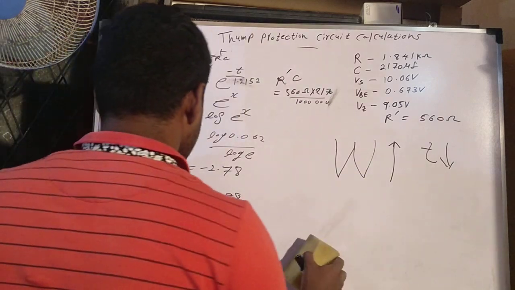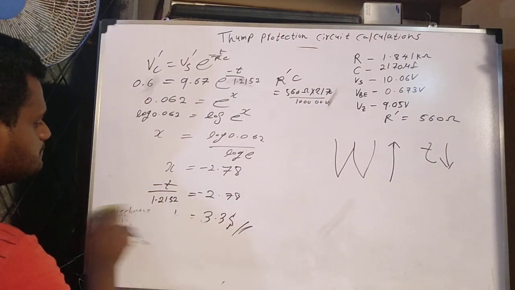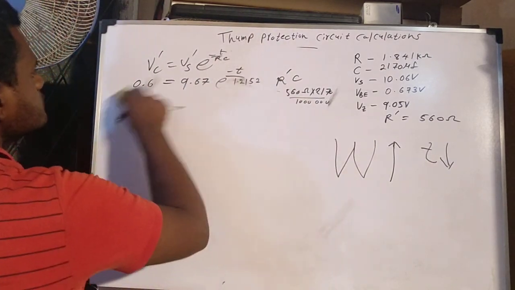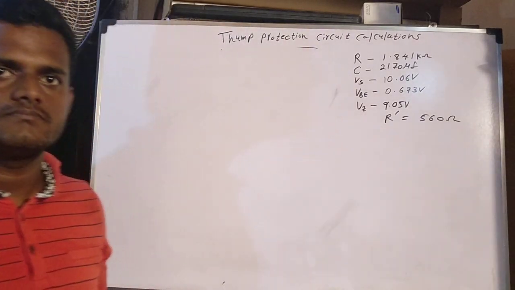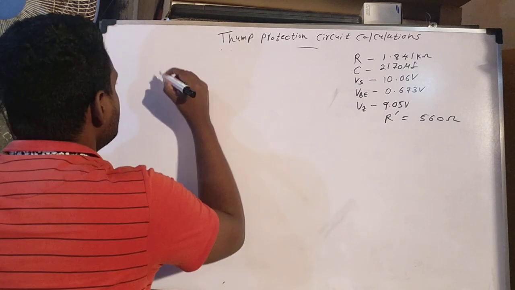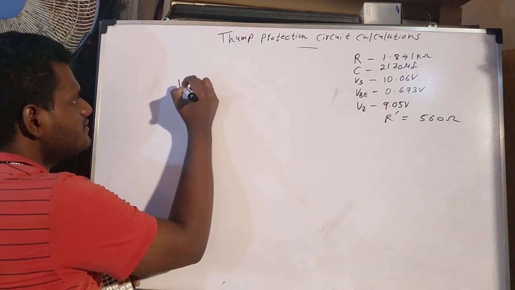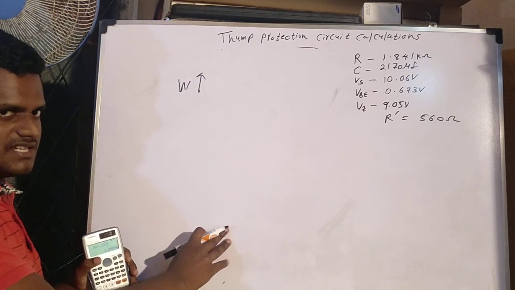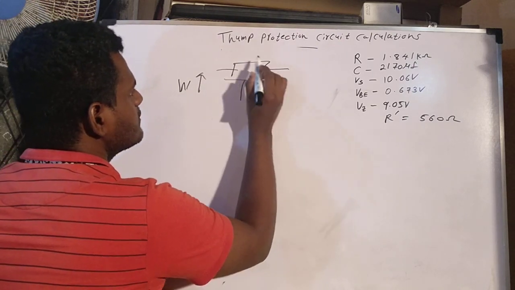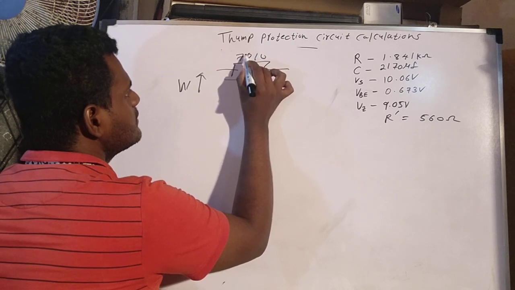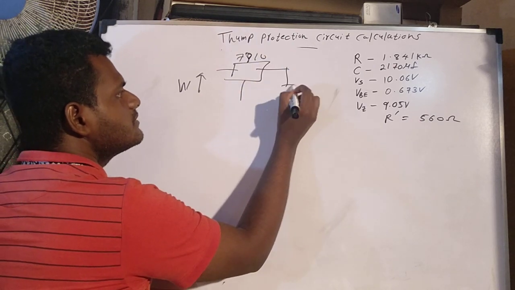Now another case here. If the voltage is increasing, that means our regulator, I think you remember, 7810.